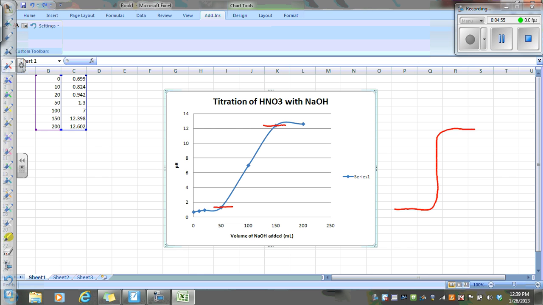But you're still looking for this really sharp increase in pH, where the slope is almost vertical. Here it's not, but that's okay. Anyway, you want to look at the center of this. And for a strong, this is always going to represent the equivalence point.